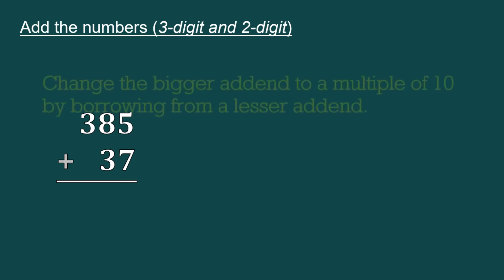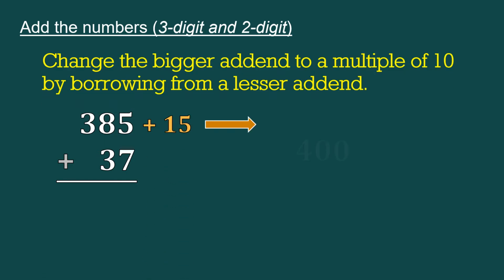Let's find the sum of a 3-digit and a 2-digit addend. We have 385 plus 37. We need to add 15 to 385 to make a multiple of 10. 385 becomes 400.